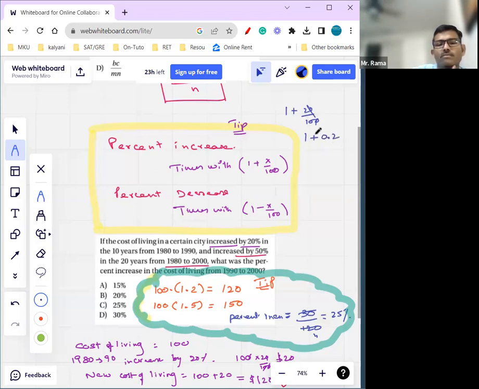So if I add these two, that's 1.2. So that technique will help you to do the problem faster. So as I look at the question, $100, that's 1.2, that's 120, 50% increase, that's 150, subtract is 30, then 30 out of 120, that's 1/4, that means 25%.